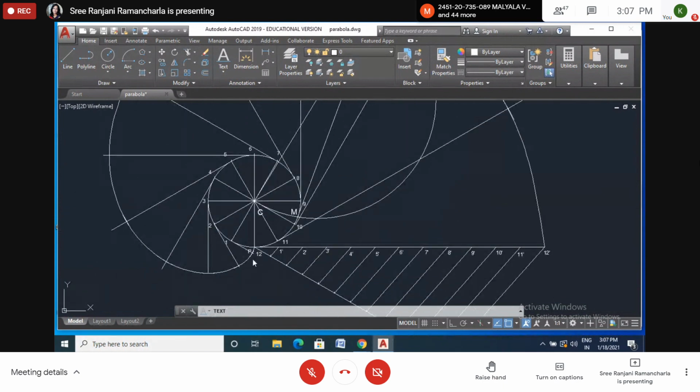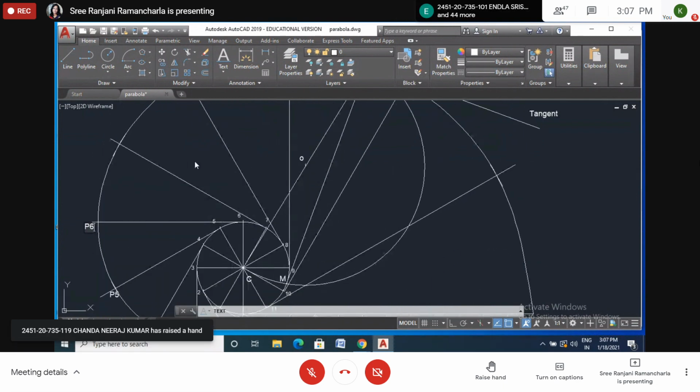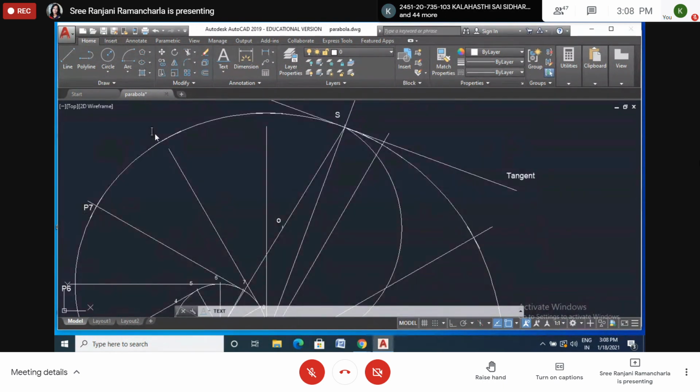Now here, this point is P1. This point is P2, P3, P4, P5, P6, P7, P8, P9.